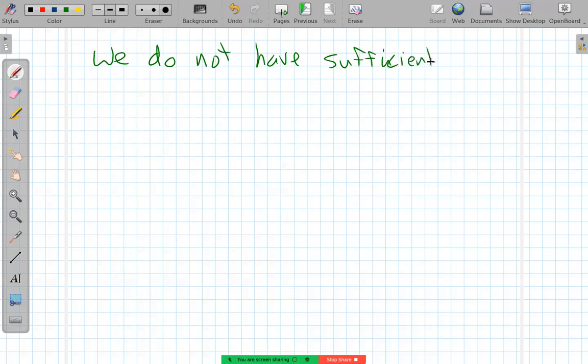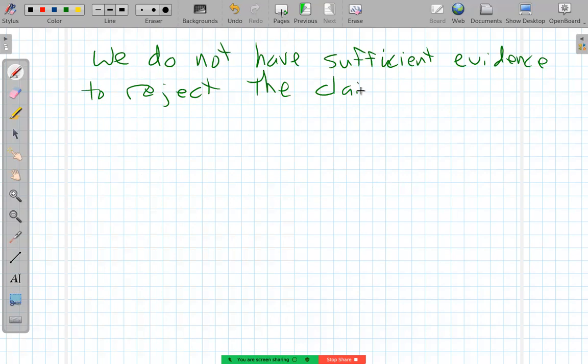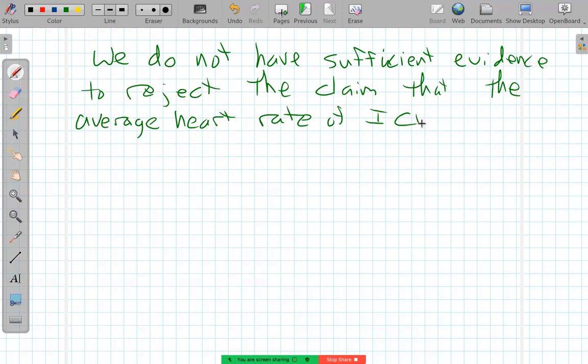Sufficient evidence to reject the claim, and then we state the claim that the average heart rate of ICU patients, so exactly how we noted it from the problem description, average is at most 95 beats per minute.